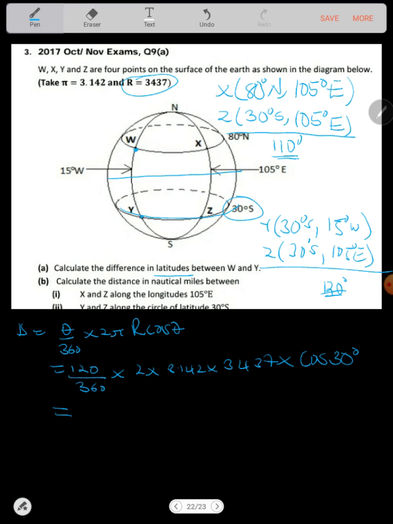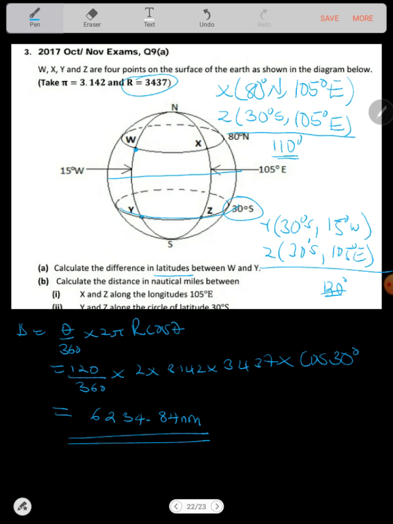So cos 30, then multiply by 43.37, times 3.142 times 2 times 120 divided by 360. And it's giving me 6,223.484 nautical miles.